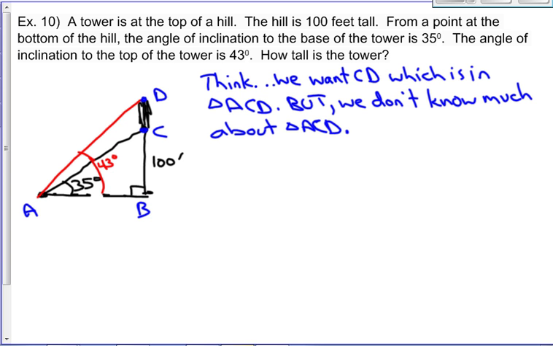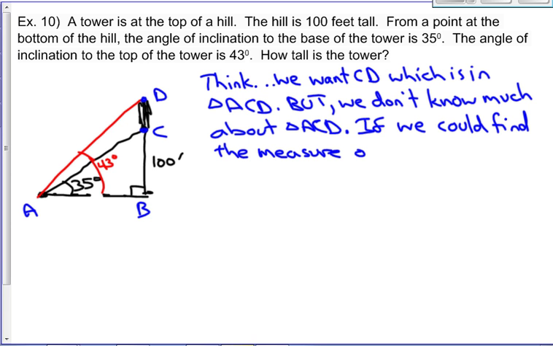If we could find one of the shared sides, though, that might help. So if we could find the measure of a shared side, and what's the shared side here? It would be AC in this case. That might help.